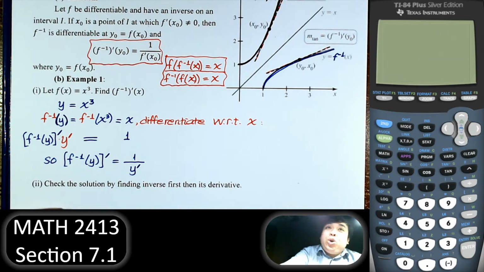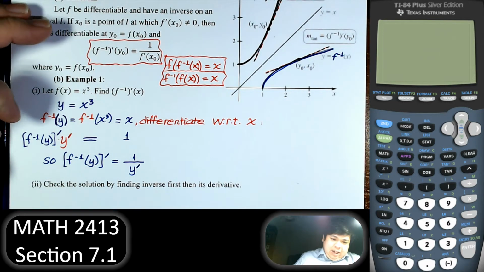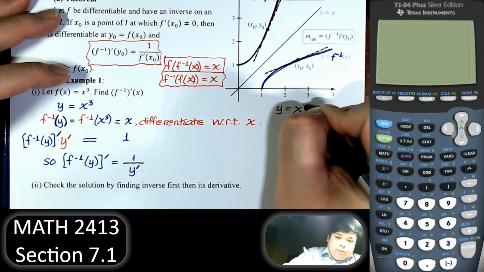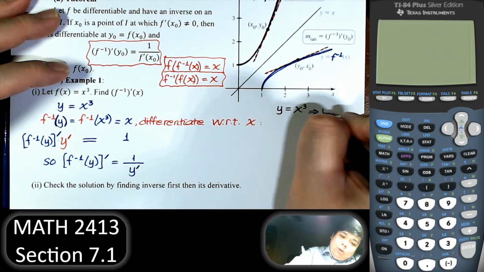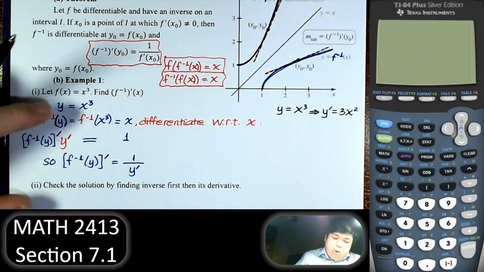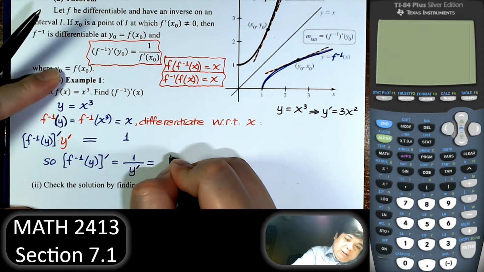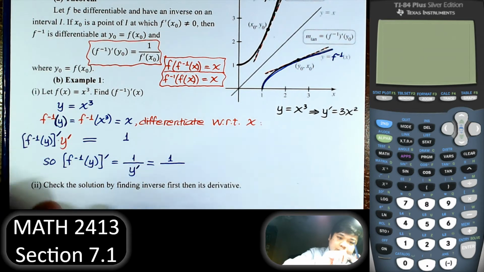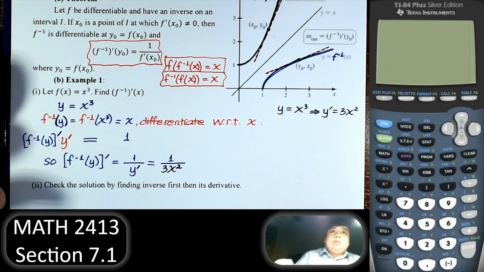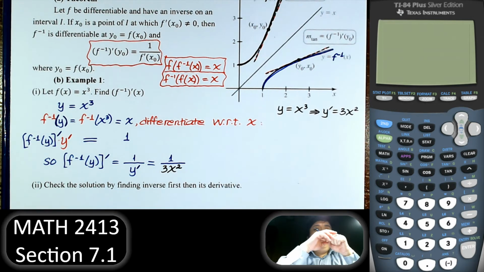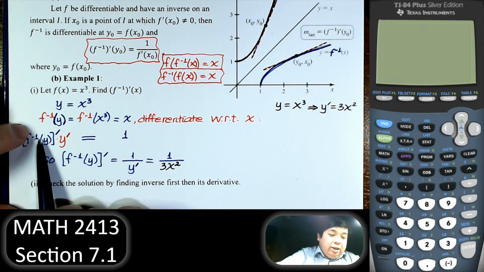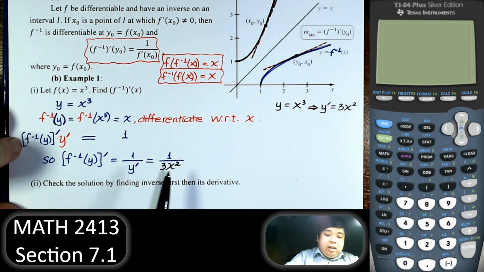Right, so that's good and all, but what is y prime? Now we can go back, since y is equal to x cubed. So y prime is 3x squared. So we have the derivative of the inverse, and that is 1 over 3x squared.